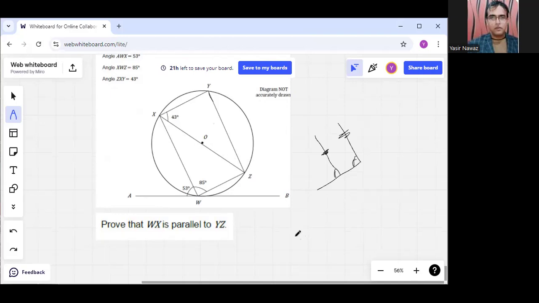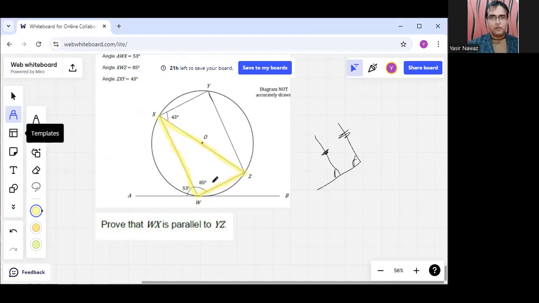And one more thing is that look at the cyclic quadrilateral. So this one, alternate segment theorem.